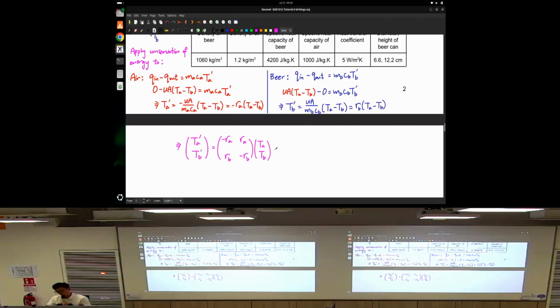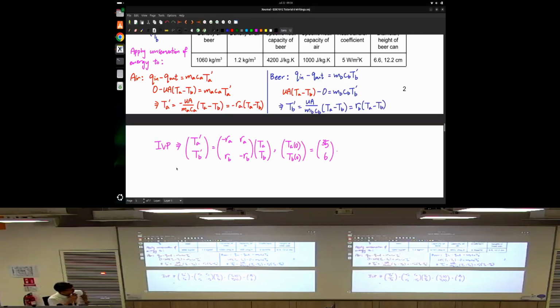Okay, because you have no inhomogeneous or external excitation term. So then your initial condition must be TA naught, TB naught. So TA naught is 35 degrees Celsius, then TB is 6. So this is your IVP in matrix form.